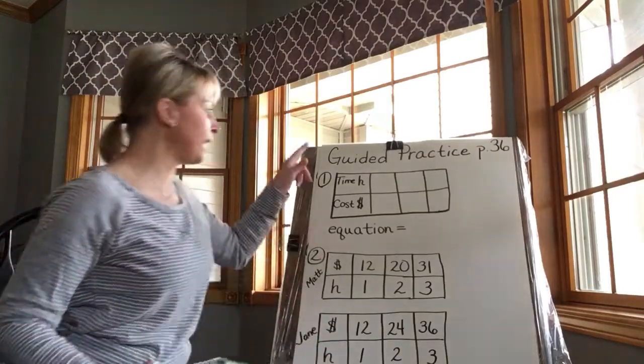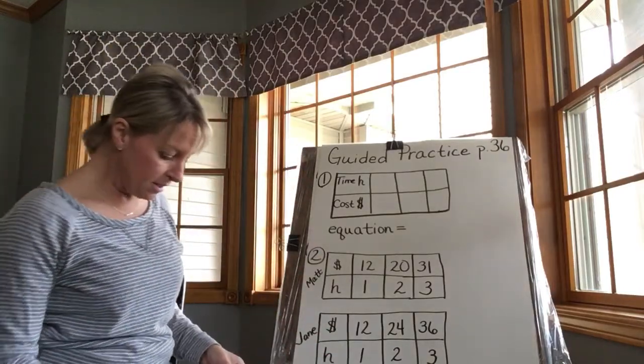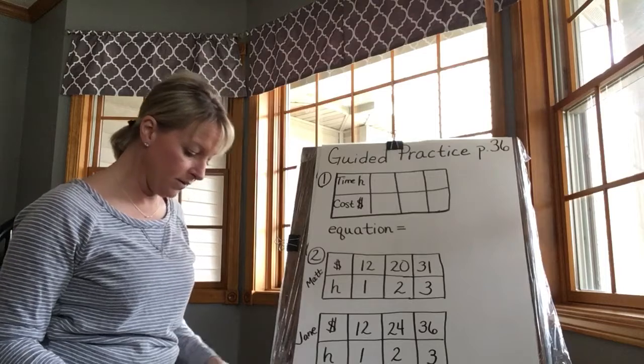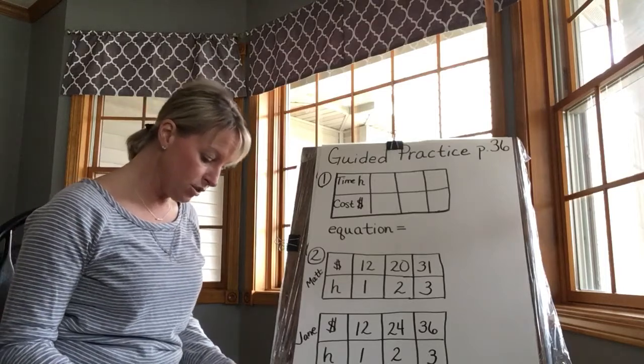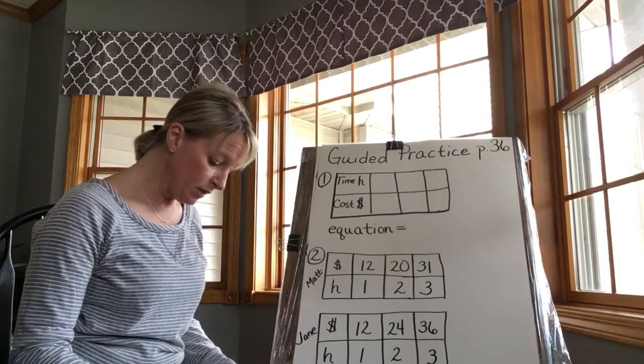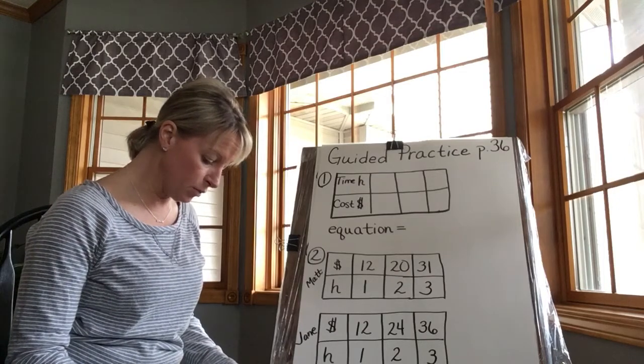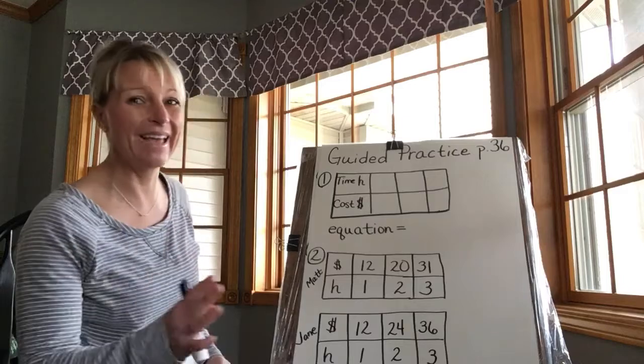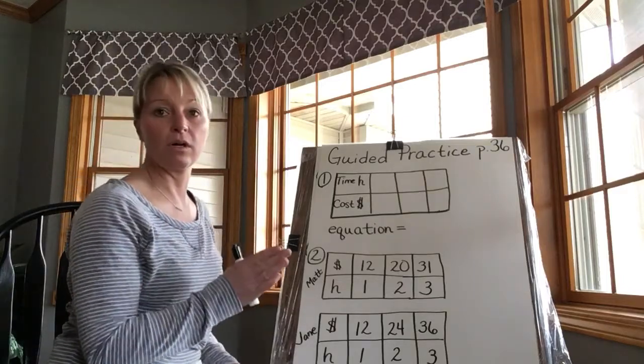So number 1 in the guided practice states the Vista Marina rents boats for $25 per hour. In addition to the rental fee, there's a $12 charge for fuel. Use the table to determine if the number of hours you rent the boat is proportional to the total cost. Again, look at our keywords.